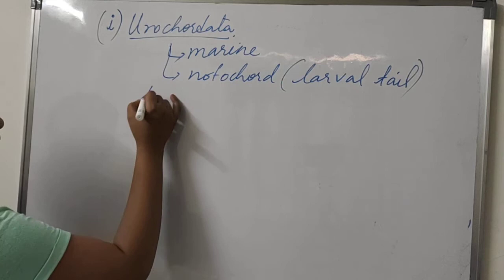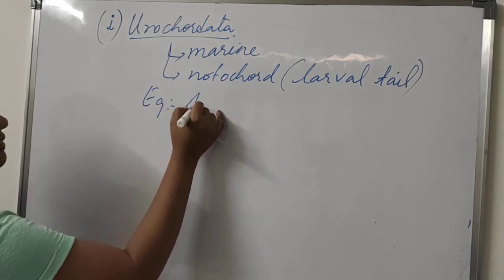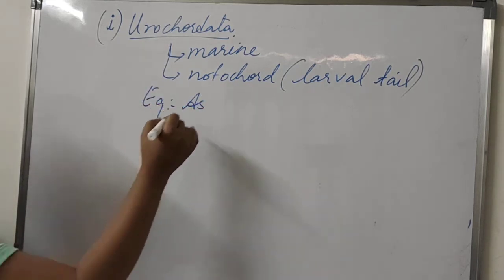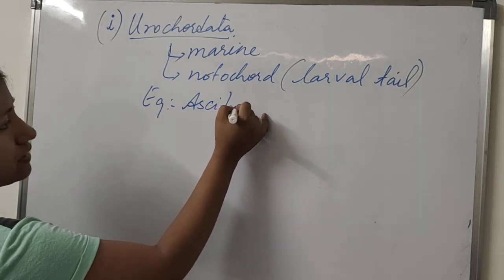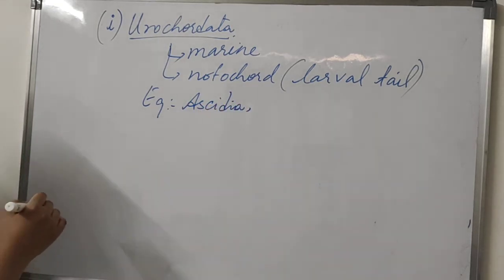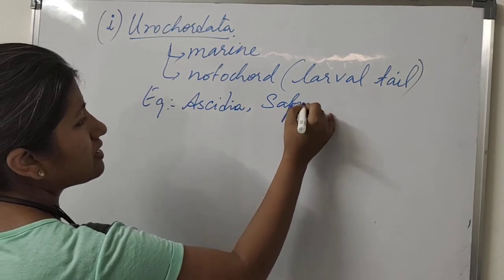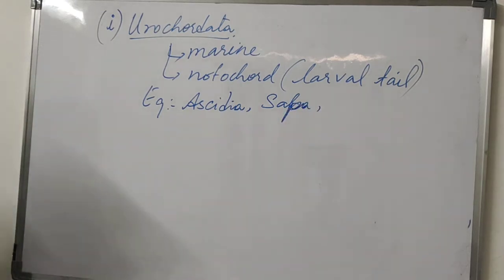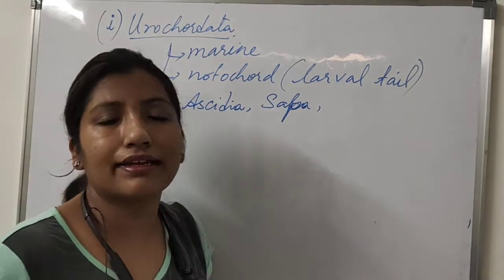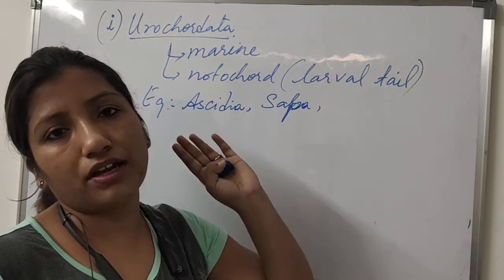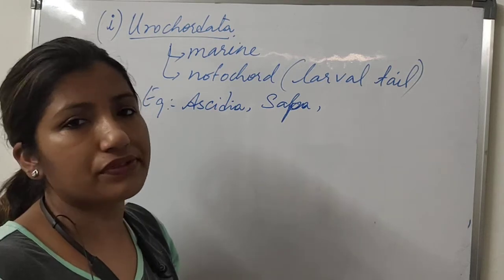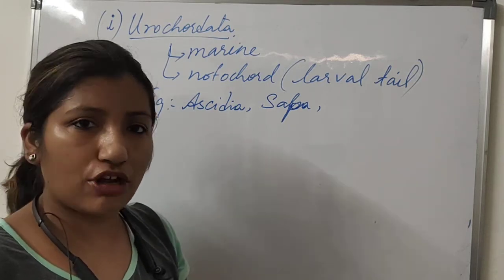Now examples of Urochordata are Ascidia. The diagram of Ascidia is there in your textbook. Salpa. Not all the example diagrams are given in your textbook.